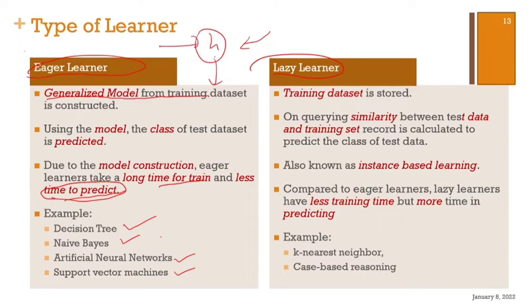However, for the other side, we call them lazy learners. From the word lazy, we all know the meaning of lazy. The idea is that there's no learning that's really taking place there. It doesn't generalize, it doesn't generate any model for the data, but rather it will store the data somewhere.